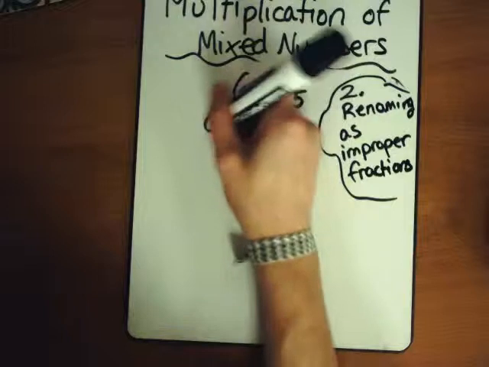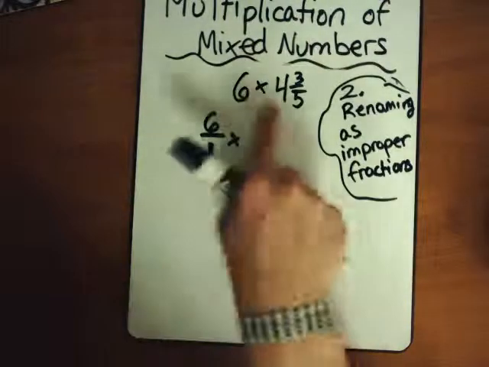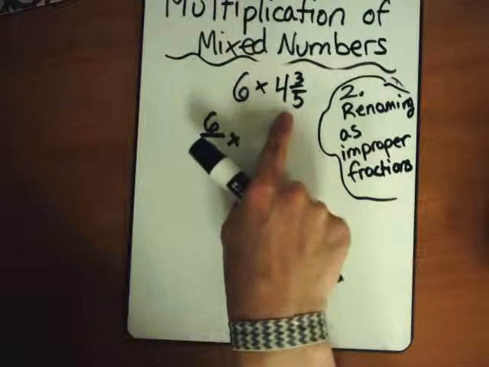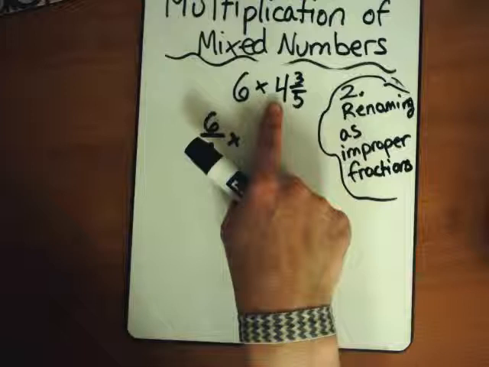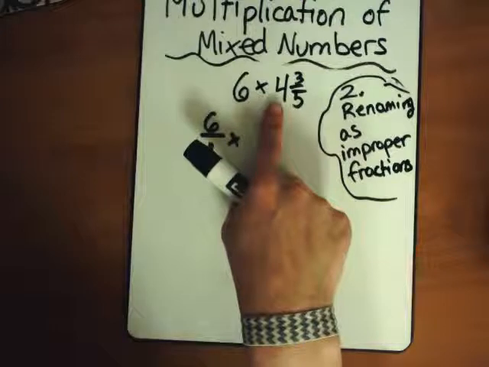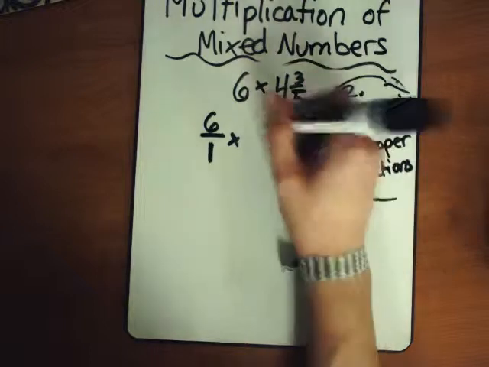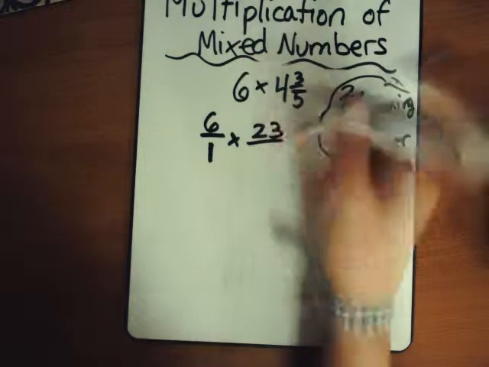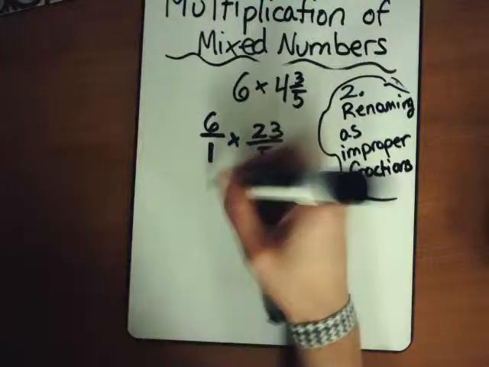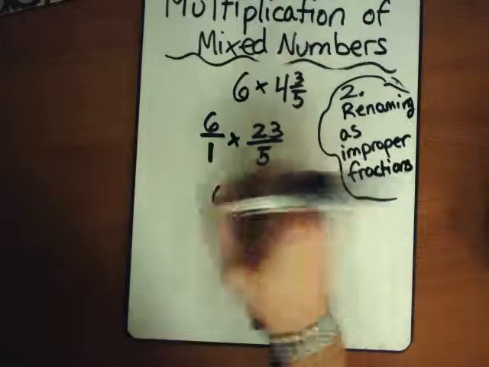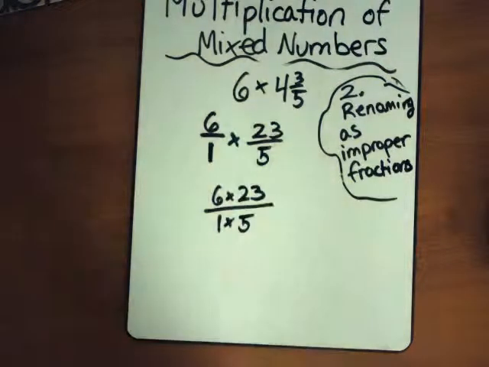So I've got 6 over 1. And as I rename this as an improper fraction, I know again 5/5 is 1. Well, I've got 4 groups of 5/5, or 20/5 is equal to 4, but then my 3 more, so I've got 23/5 to rename 4 and 3/5 as an improper fraction. So we're looking at 6 times 23 and 1 times 5 to multiply those two fractions together.